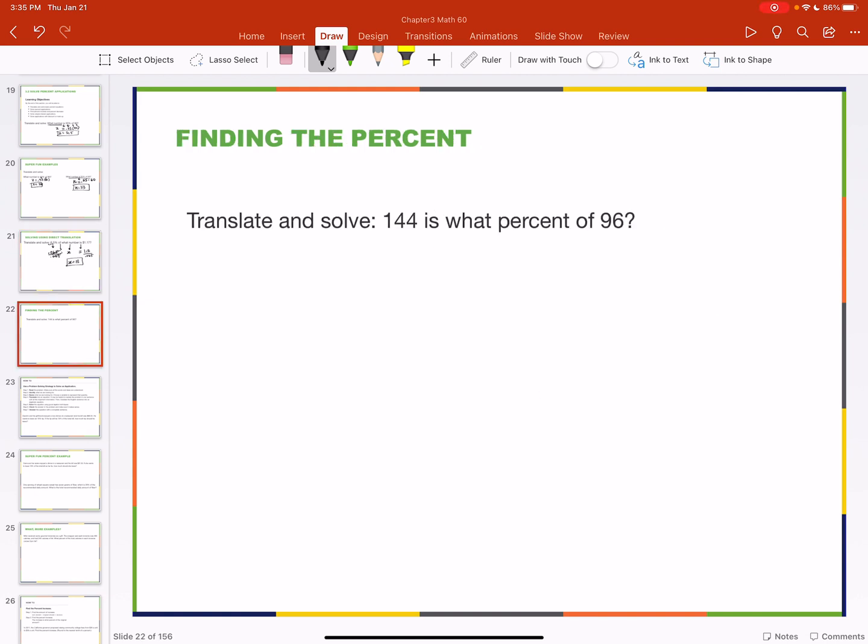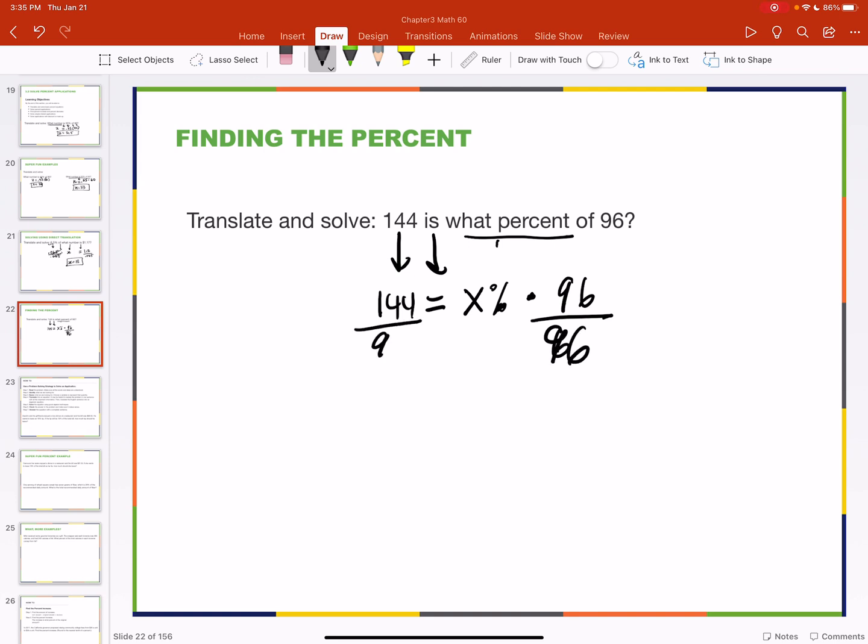Okay, so then let's do another one. This is where we find the percent. So 144 is what percent of 96? So x expressed as a percent, times 96. You don't have to write the percent symbol, but I like to do it so that you know. In order to solve for x, we just divide by 96, and we're going to get it in decimal form.